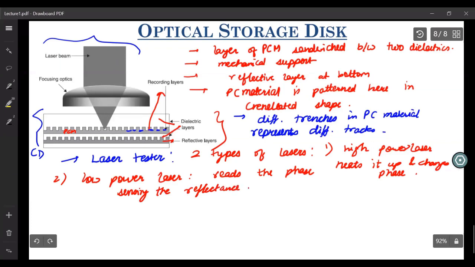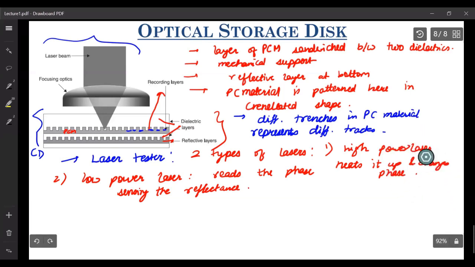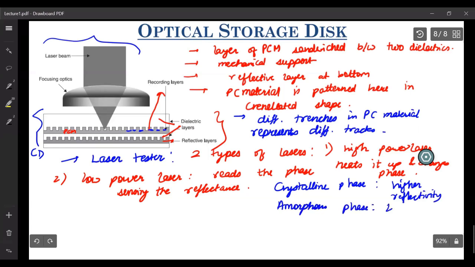So the low power laser just reads it by measuring the reflectivity. And what we know is your crystalline phase has higher reflectivity, and the amorphous phase has lower reflectivity.